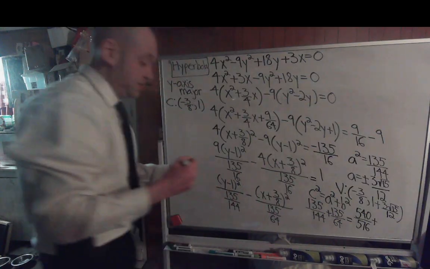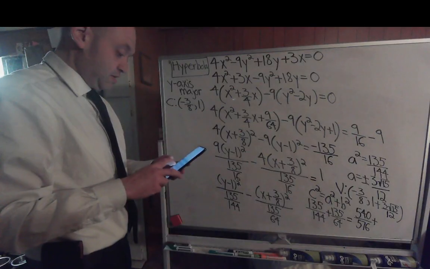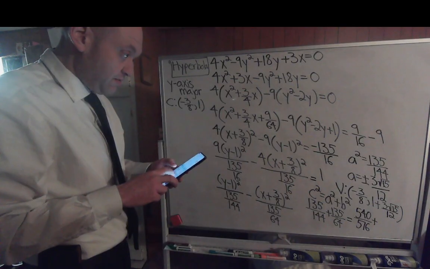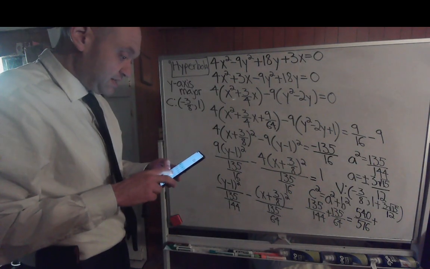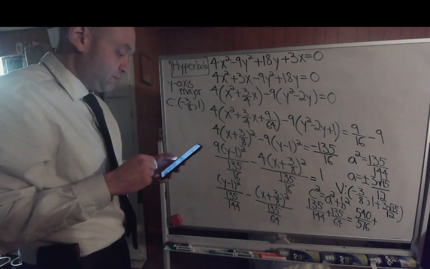Plus, we got to do the next one here. So, let's see. 576 divided by 64 is 9. So we have to multiply numerator and denominator by 9.